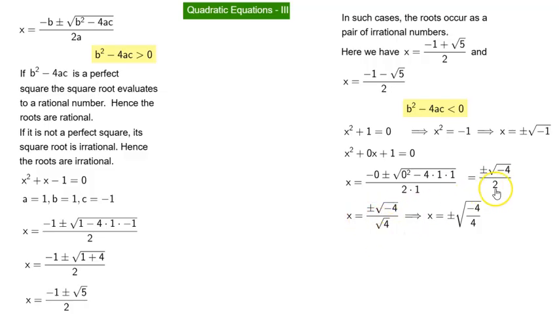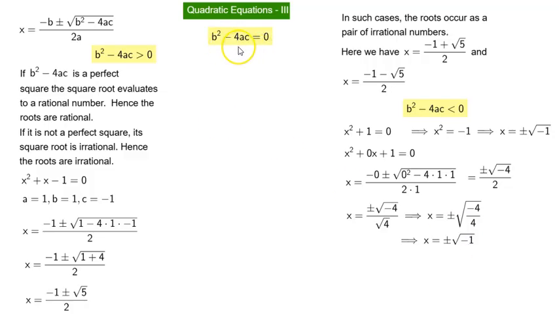So what we have done, we have taken this 2 and we have taken it under the square root by taking the square of it, which implies x is equal to plus or minus square root of minus 4 by 4. So x is equal to plus or minus square root of minus 1. This is tricky. X is equal to plus or minus square root of a negative number. So let's hold on to this.